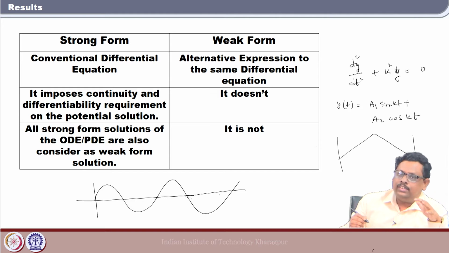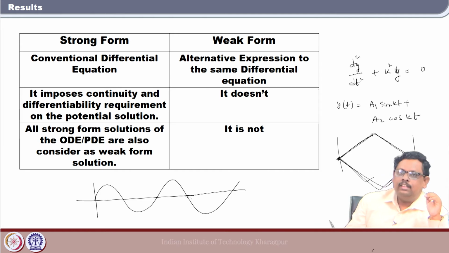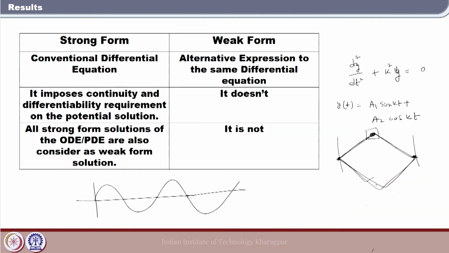Now, suppose it is a string which is just connected here, and I assume that the string can oscillate in this fashion. Here it is a second order differential equation, but I can see it is a realistic solution, yet the second order differentiability is not actually maintained, is it not.